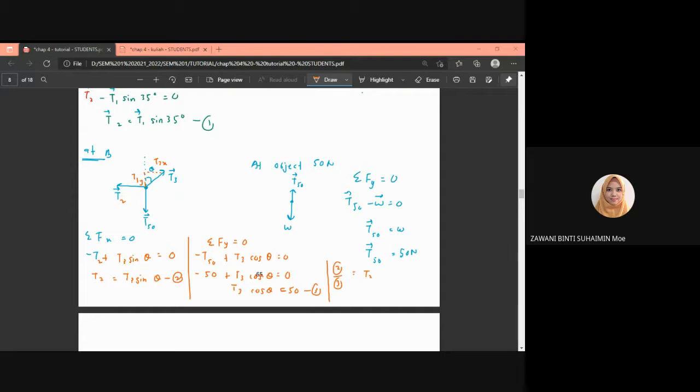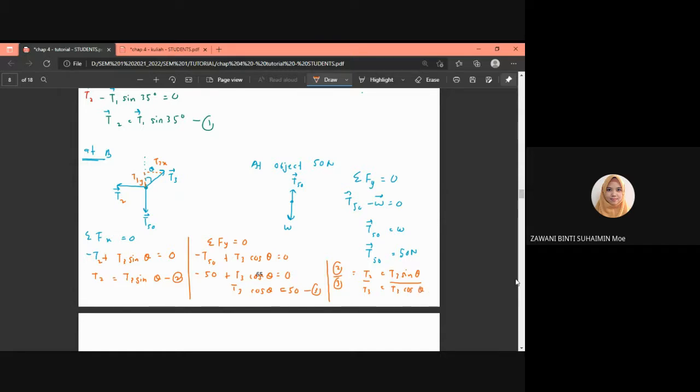T2 is equal to T3 sin theta. In the third equation we have T3 equal to T3 cos theta.